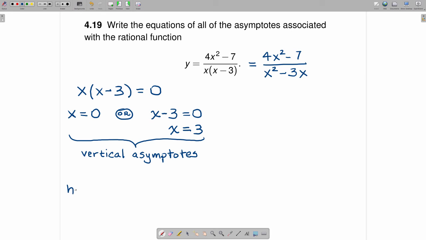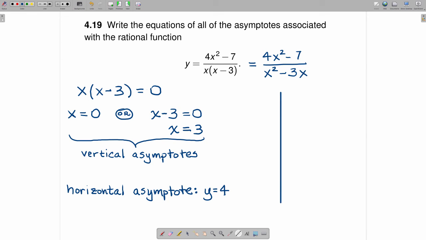So we will have a horizontal asymptote at y equals 4.